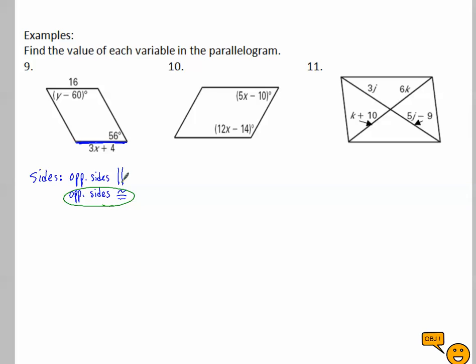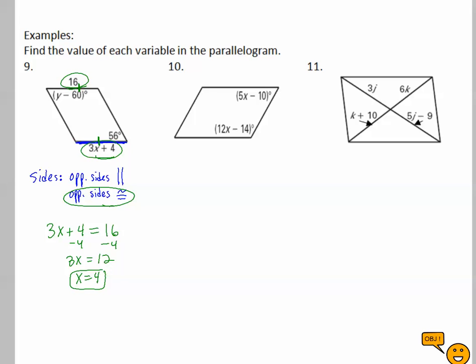Both of these facts are true, but this is going to be the useful one to us. So that means I can put a little hash mark on this side and a little hash mark on this side to tell me this measurement and this measurement are supposed to be the same. So I will make an equation that 3x plus 4 must equal 16, and I can solve that equation. So we subtract 4, 3x equals 12, so x must equal 4.